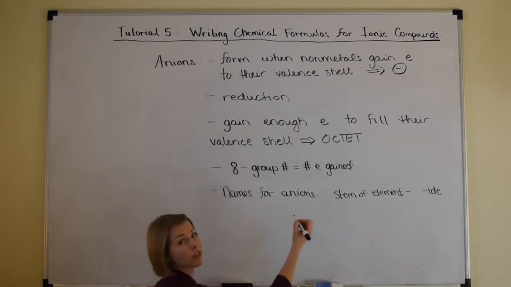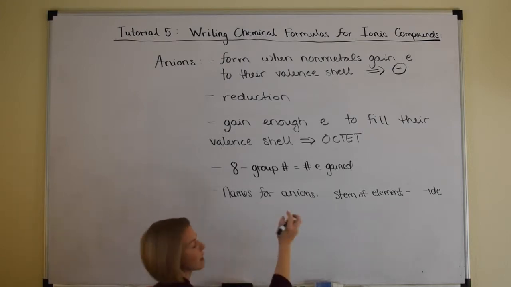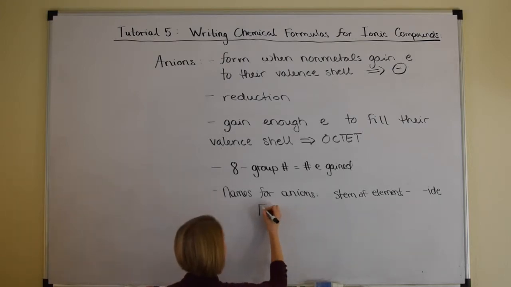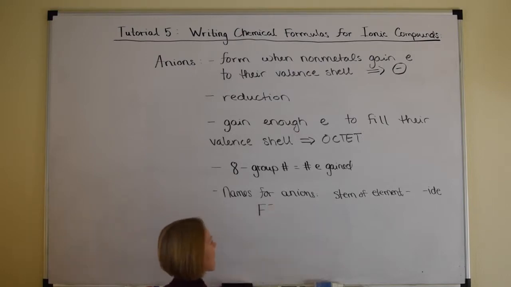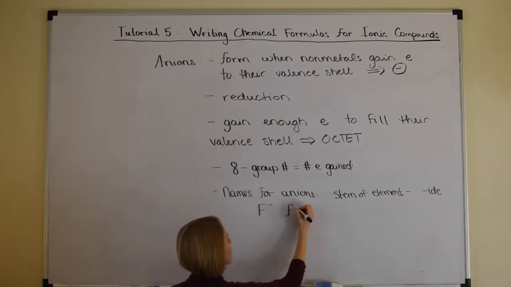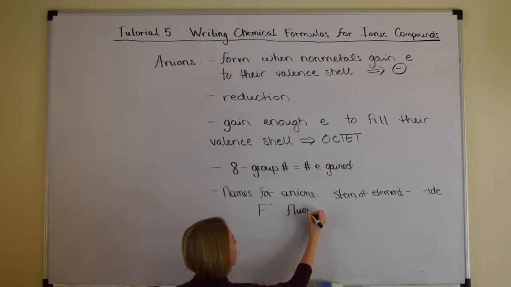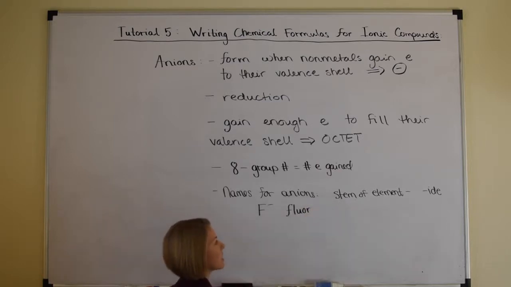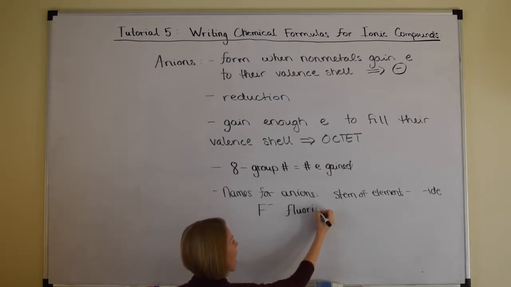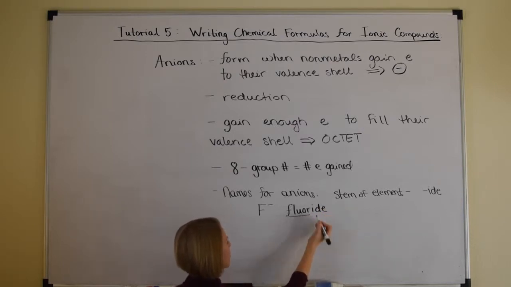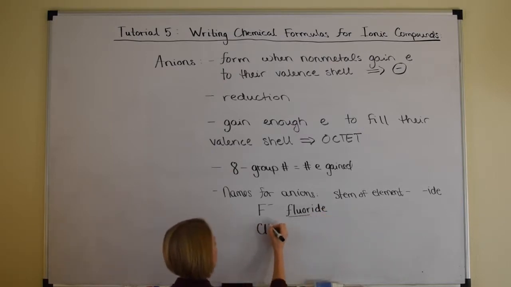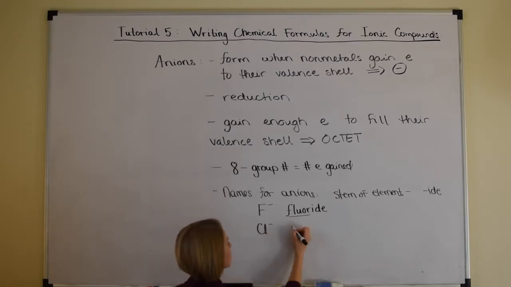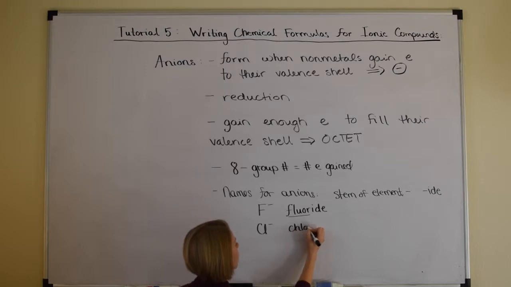They're going to include all of your first 4 halogens. So fluorine, when it becomes an anion, you're going to have the stem, fluor, but you're going to change the ending from fluorine to fluoride. Okay, so here's the stem. I'll underline the stem. Chlorine, when it gains an electron, it becomes chloride.